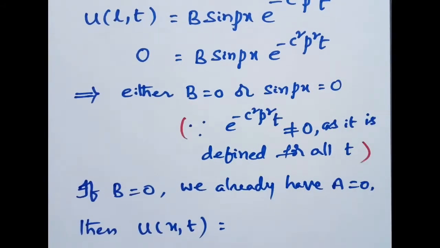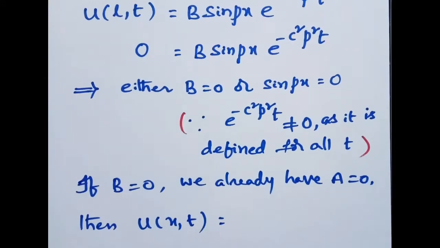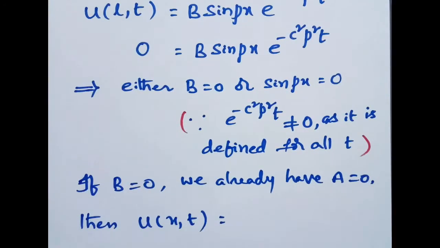But we require a non-trivial solution, that means a non-zero solution, because in the rod the temperature changes with respect to time. So u of x comma t equal to 0 is a trivial solution.